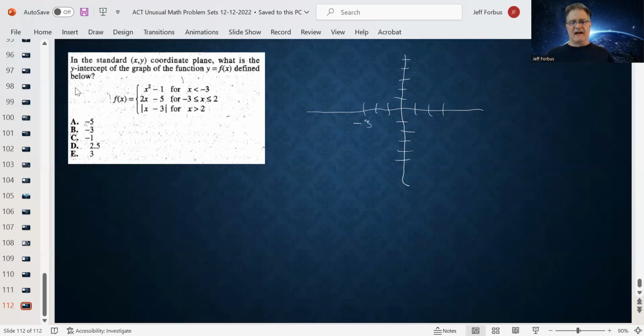Now 2x minus 5 is a linear line, and that has a slope of 2. So we know that it's going to cross the y-axis somewhere. And we're going to use the numbers -3 all the way to 2. So that line is going to cross somewhere between those numbers.